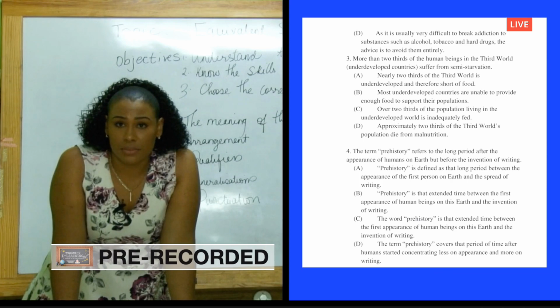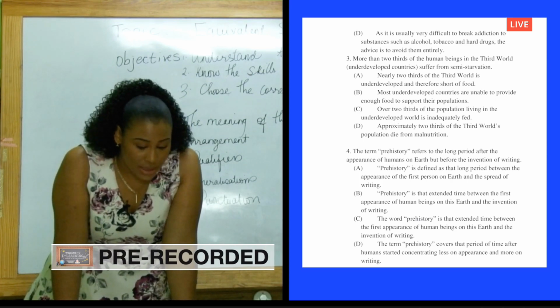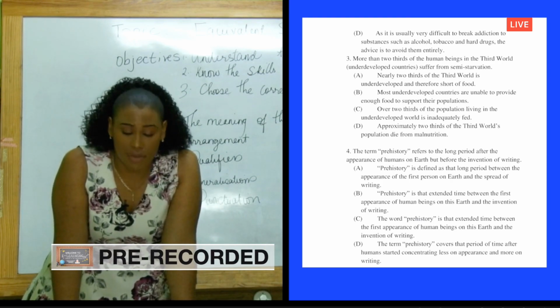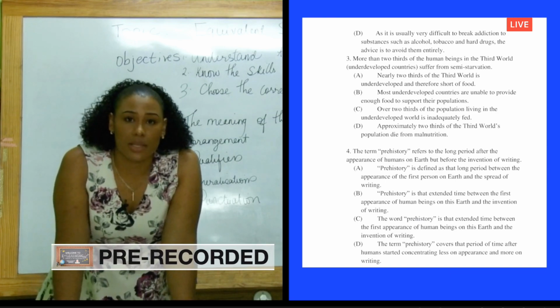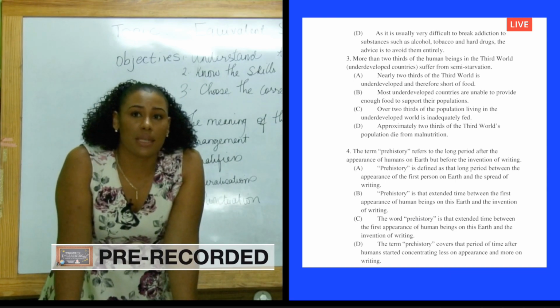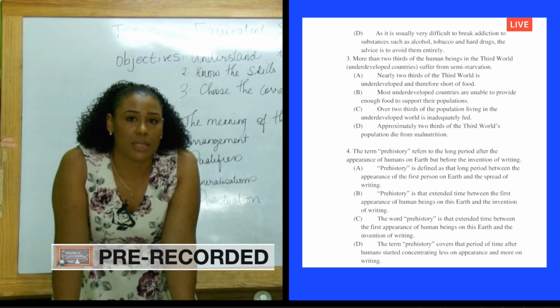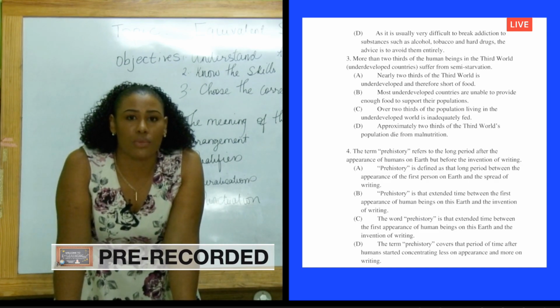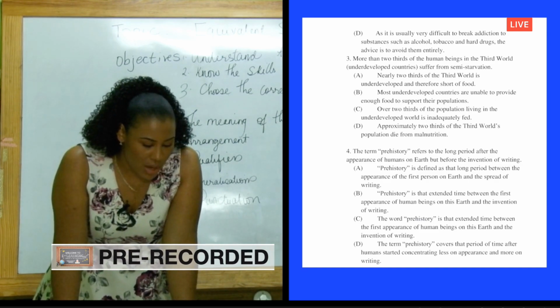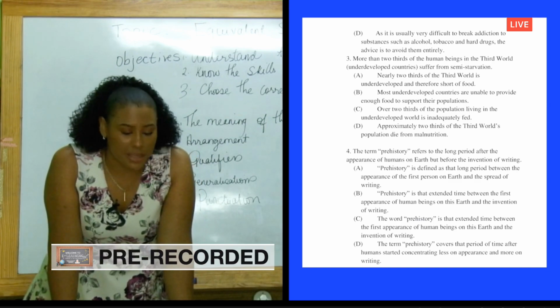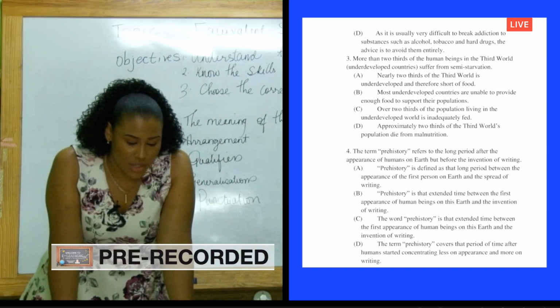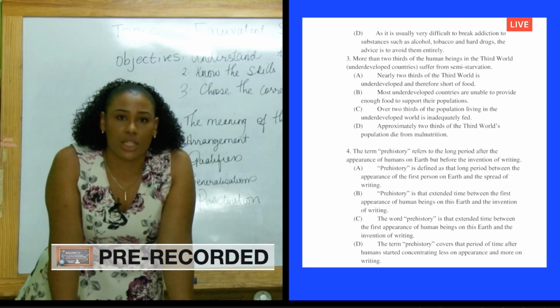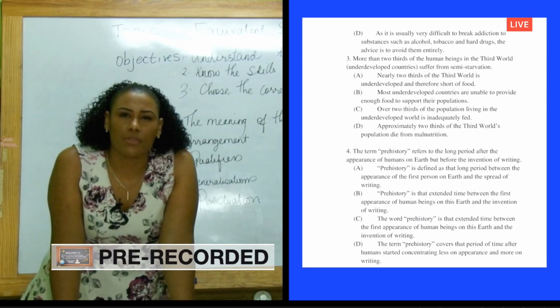Option C expresses that 2/3 of the population, it expresses that they're targeting the underdeveloped countries, and it is also stating that semi-starvation expresses inadequately being able to eat. So inadequately fed could be synonymous with semi-starvation.